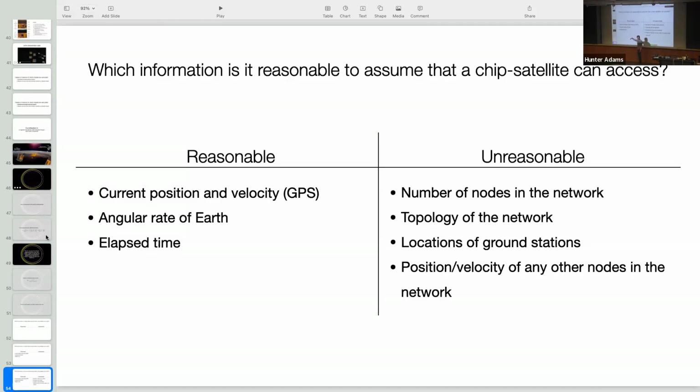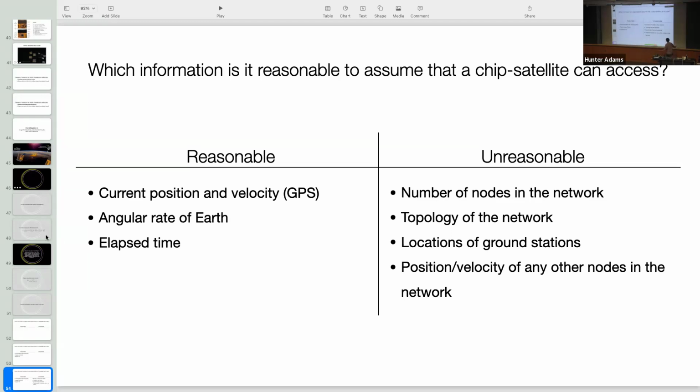We're going to assume it's beneath the GPS satellite, so we can use that. We're going to assume that it knows the angular rate of the Earth, because that's just a parameter. And I'm going to furthermore assume that it can measure elapsed time. Not necessarily absolute, well, I guess with GPS you could measure absolute time, but in short, it knows how long it's been deployed. It can increment a timer.